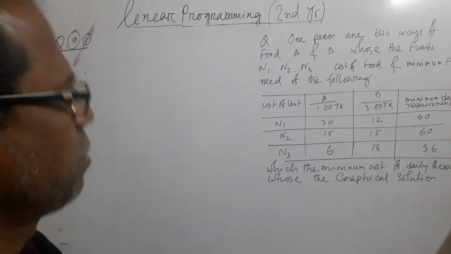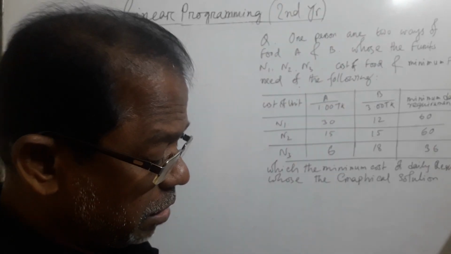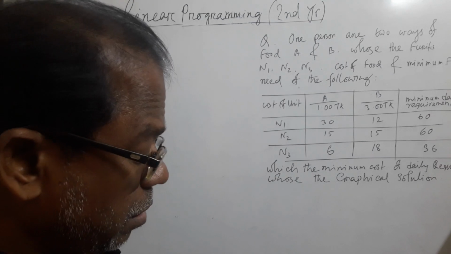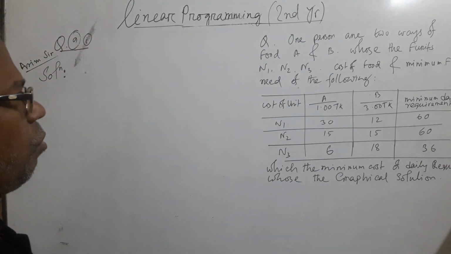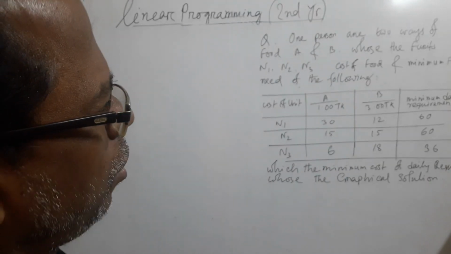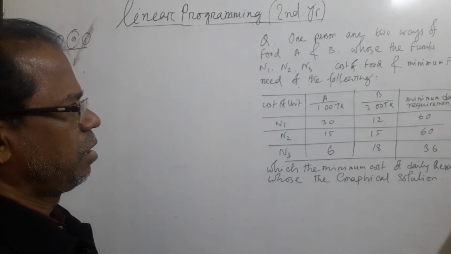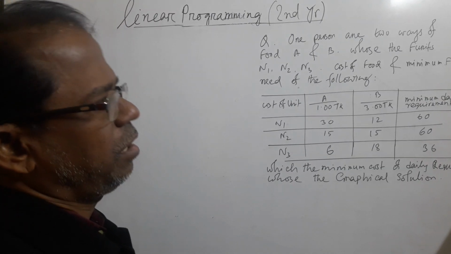Now, linear programming, problem number 1. A person has two kinds of foods, A and B, which contain the nutrients N1, N2 and N3.